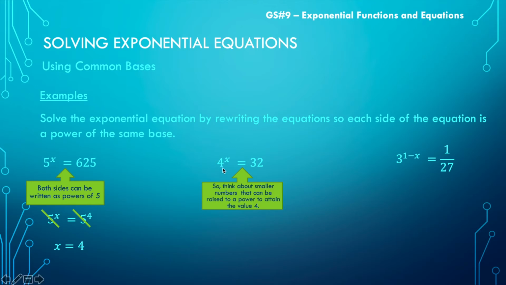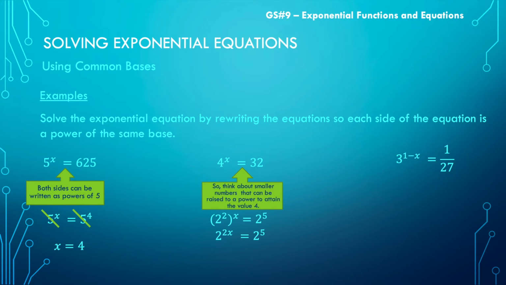So we can replace this 4 with 2 squared, and we know that 32 can be written as a power of 2 as well. So we're going to revise our equation to write it in terms of a base of 2. Remember that when you have 2 raised to a power and that whole thing is raised to a power, that's a power of a power, and we multiply those exponents. So we end up with 2 to the 2x is equal to 2 to the 5th.